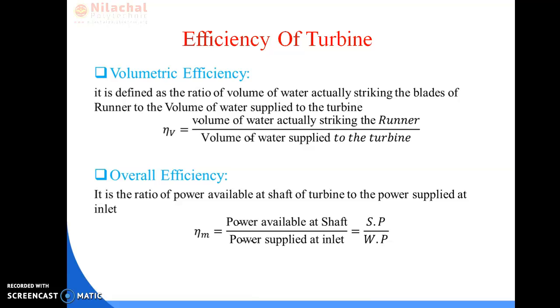That is, we are getting the mechanical power from the turbine shaft, the shaft power. Power available at the inlet means the amount of power or water supplied per second, which may be the kinetic energy per second, or the sum of kinetic energy and pressure energy per second, which you already know is the water power. So overall efficiency is equal to shaft power divided by water power.